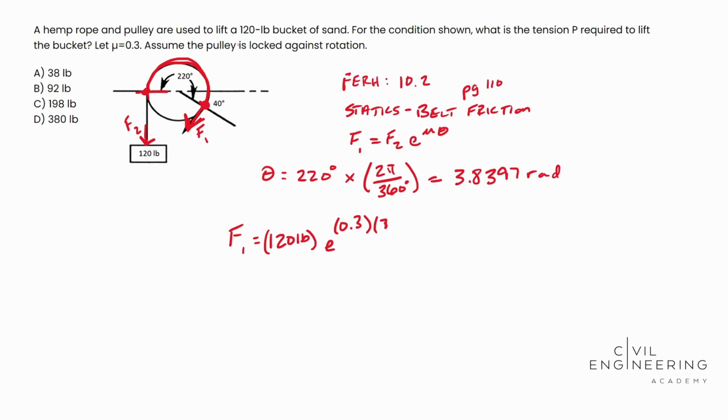That's 3.8397 rads, okay? And make sure you write out your units. It'll help you. It takes maybe a couple more seconds, but it could save your tail later down in the exam. So it looks like this is going to be 379.71 pounds. So if we go over to our answers, it looks like it's going to be D.